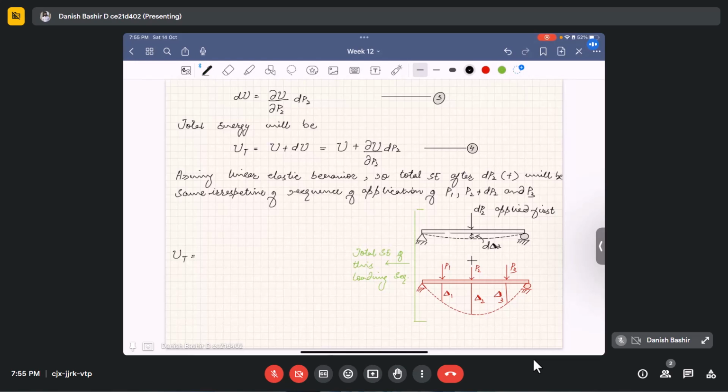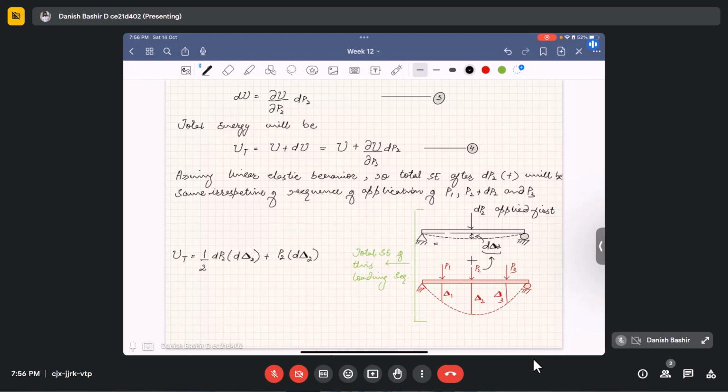First, the strain energy of this system: dP2 is applied gradually, increasing from 0 to dP2 linearly, so the relationship between dP2 and d delta 2 is linear. It will be 1/2 of dP2 multiplied by d delta 2. Very easy so far. Then d delta 2 is the deflection already caused, and P2 is again acting at that point, so it performs a work of P2 times d delta 2.